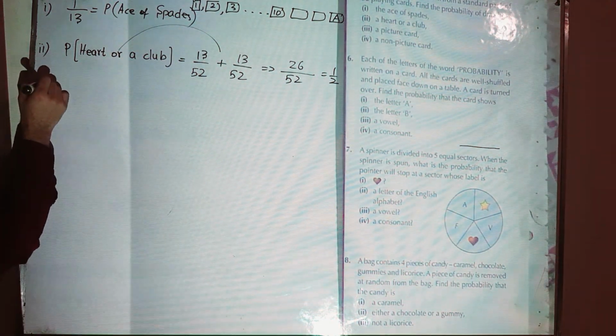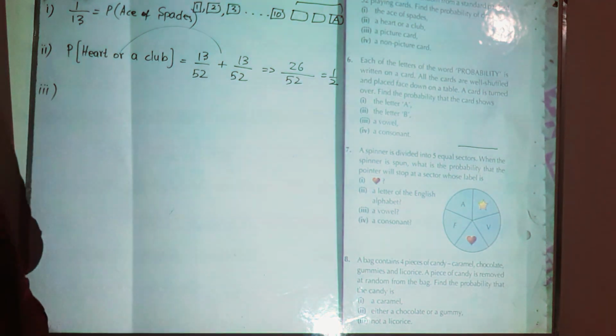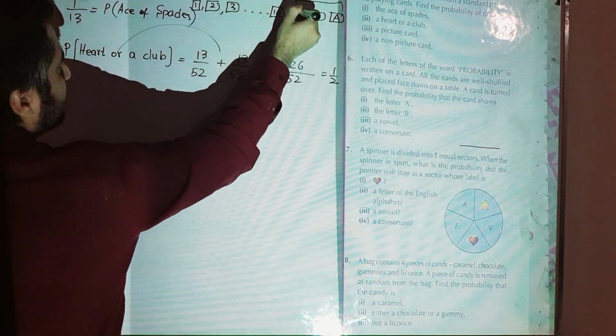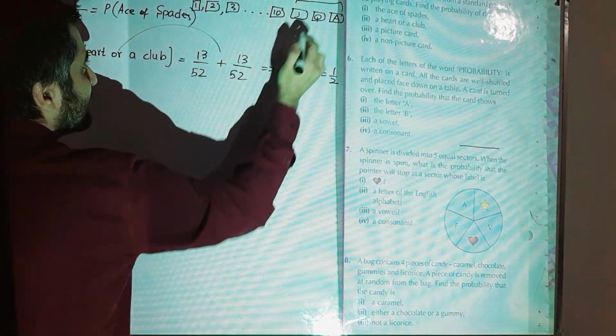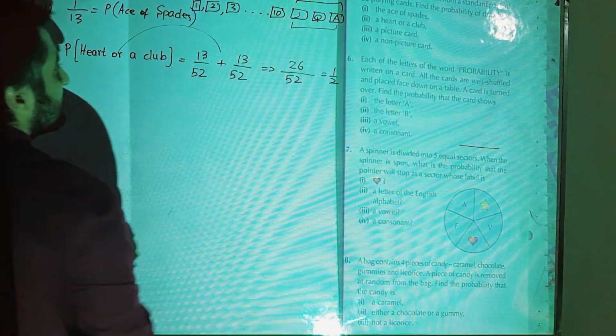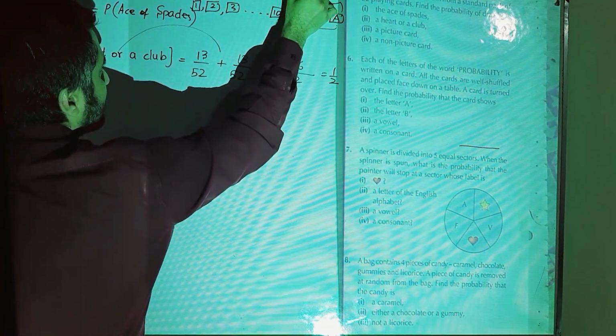Part number 3, a picture card. As I have told you, from each bunch of cards we have 3 picture cards. This may be jack, queen, pardon me for any mistake, I am not good at playing cards. So we have 3 picture cards from each one of them, and then we have king.